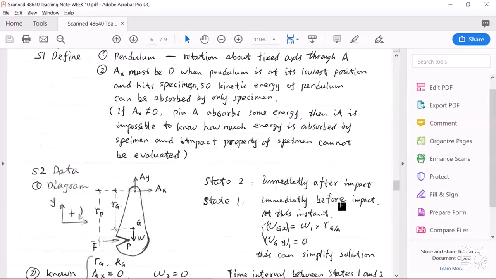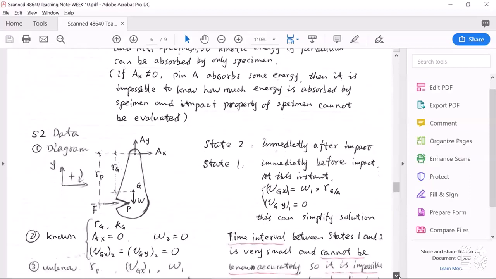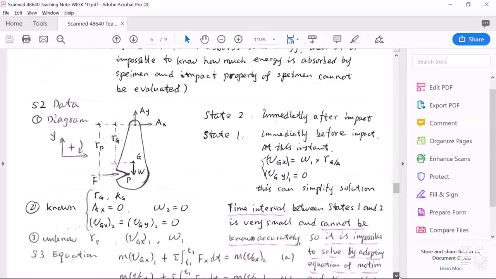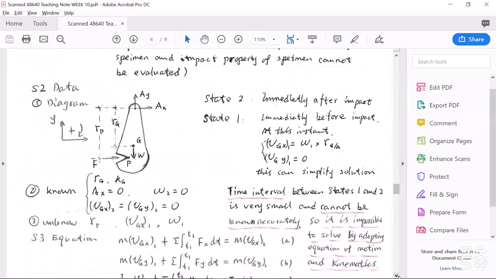We will use impulse and the momentum method to solve this problem. So we must have a time interval. For solving this problem, we can define the final position is immediately after impact, immediately after the pendulum hits the test specimen.